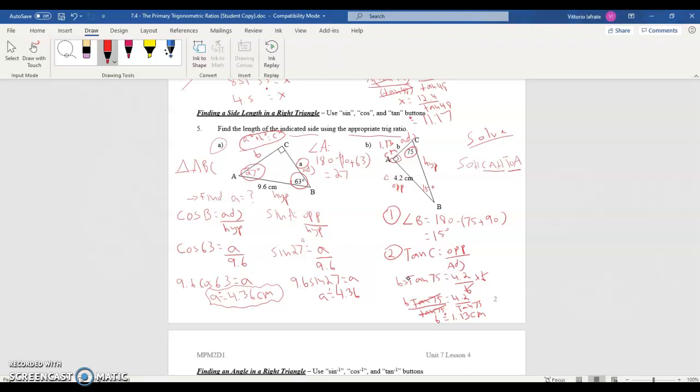And then if you were to solve the triangle, I would carry this out in more logical steps, but if you want to find the hypotenuse over here, we would have a squared plus b squared is equal to c squared. And so you could do your 1.13 squared plus 4.2 squared.